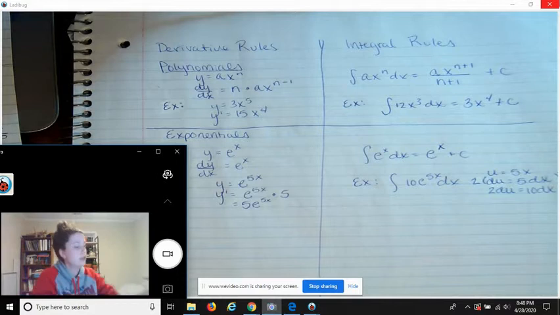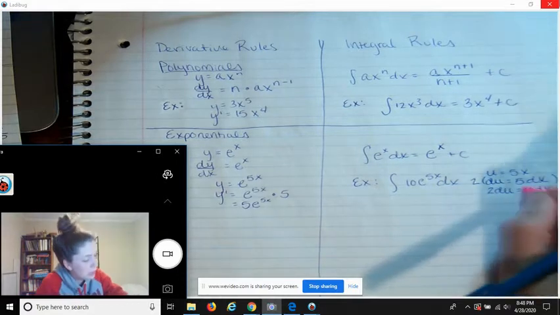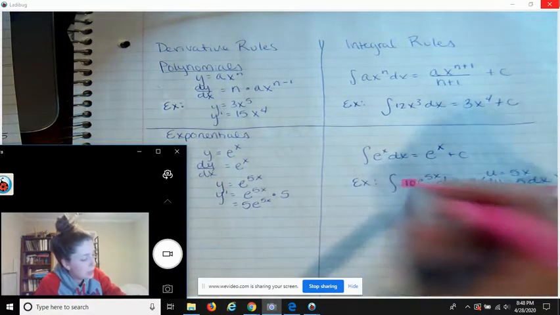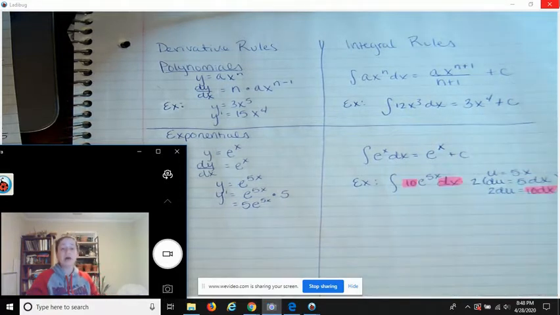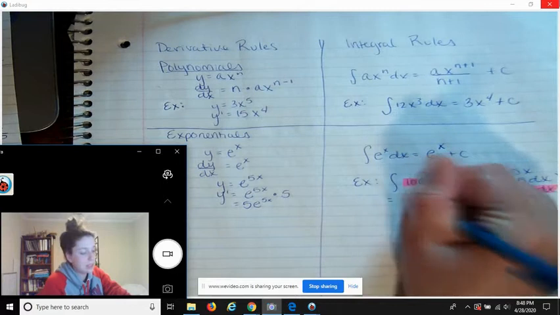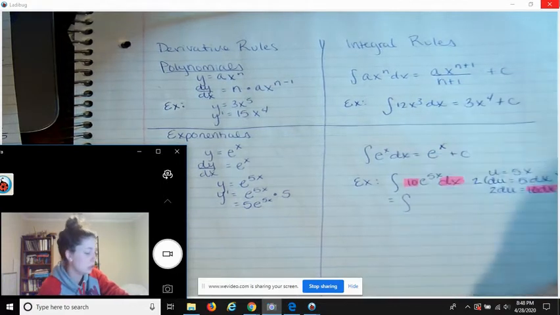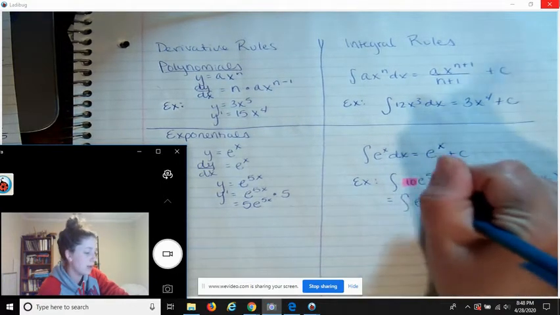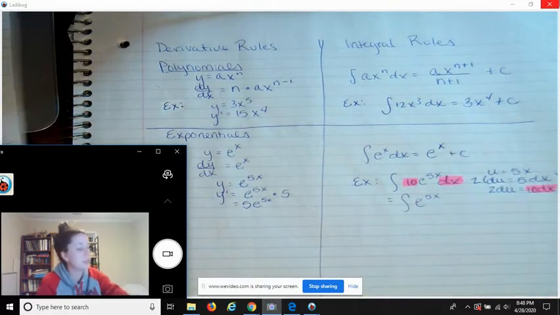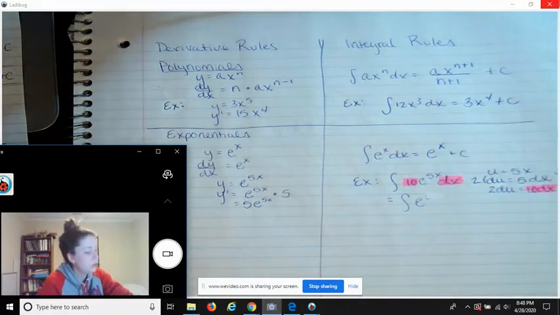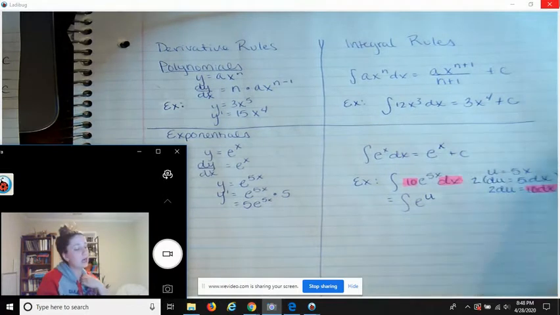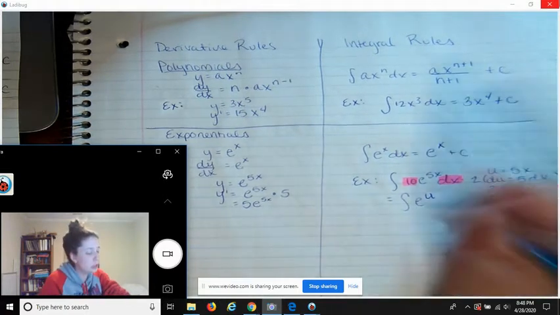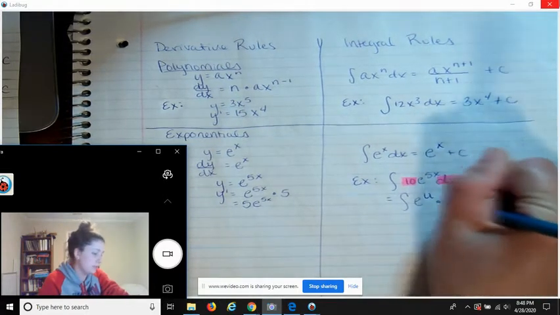Now, this thing is exactly the same as the thing inside of my integral, and I can replace it. So I'm going to say that this is going to be the integral of e to the 5, whoa, I'm replacing with u, e to the u times 2 du.